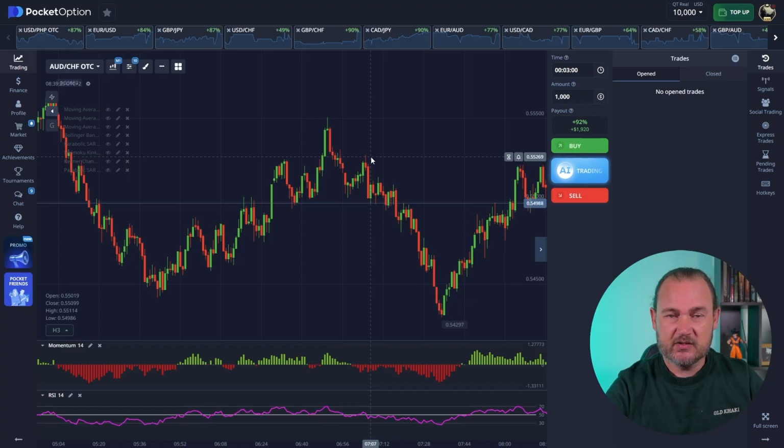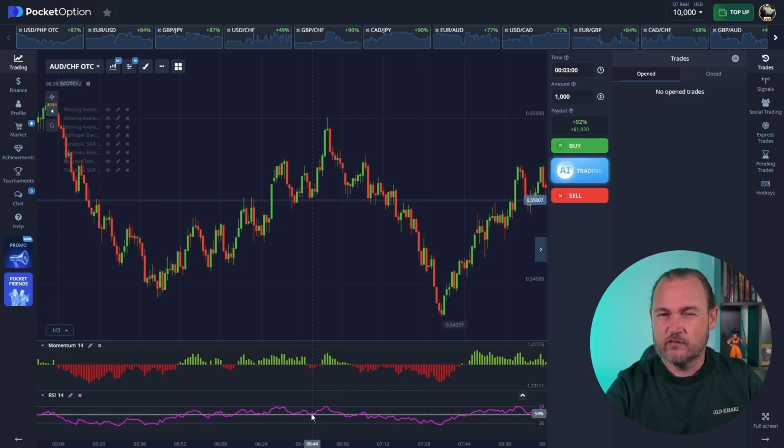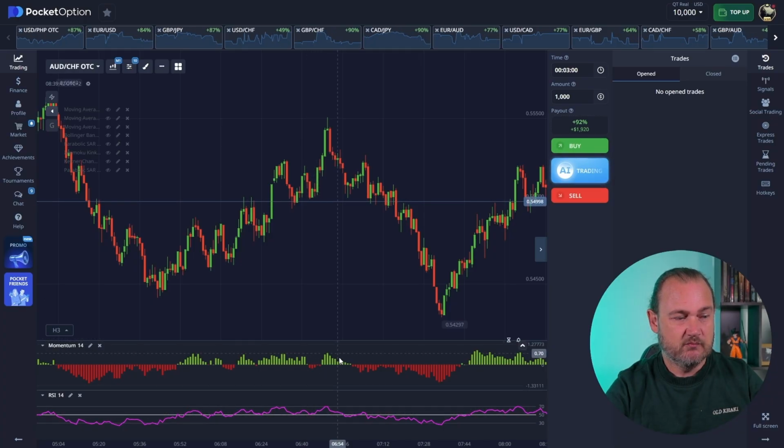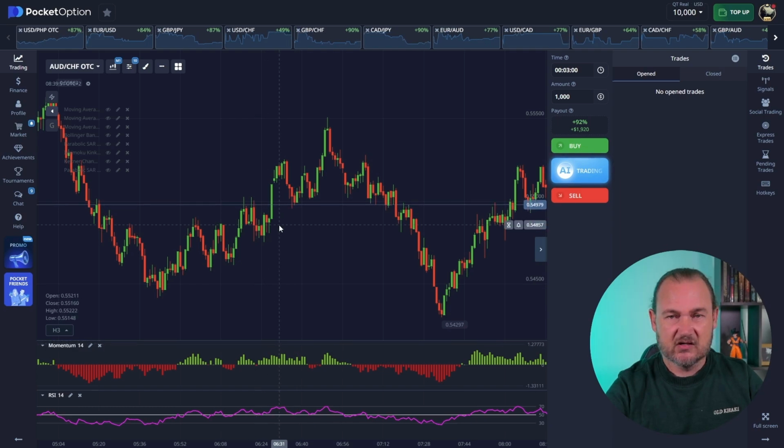So basically what we're going to be looking for is an asset that's trending in a direction. We're going to see if we can find any assets where the RSI is busy testing the 50 line, where it makes either a touch or is very, very close to the 50 line and then gets rejected. And then when my momentum switches back to green, in the case of an upwards move, we're just going to go with a buy. And in the case of a downwards move, we're just going to go with a sell.